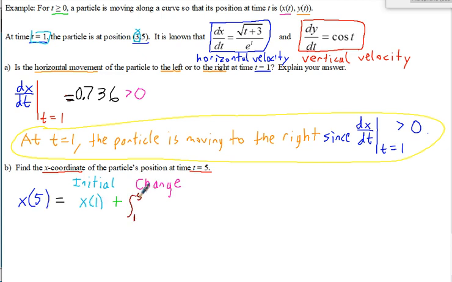We'll figure out how much is the change from time 1 to time 5 of the derivative of x, and that's what dx/dt is. So we put in the square root of t plus 3 over e to the t dt. And then this is where our calculator can evaluate this for us. Again, x1, we can see the x-coordinate at time 1 is 3. So let's go ahead and see how we put this in both calculators here.